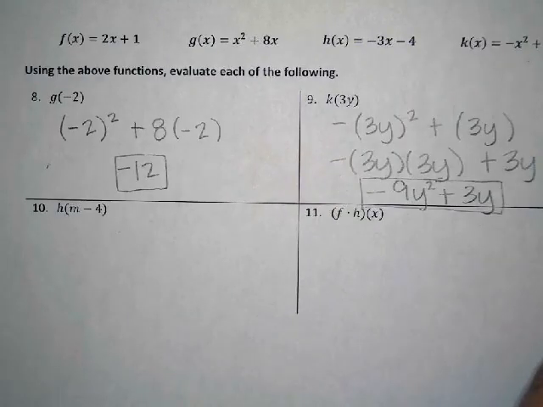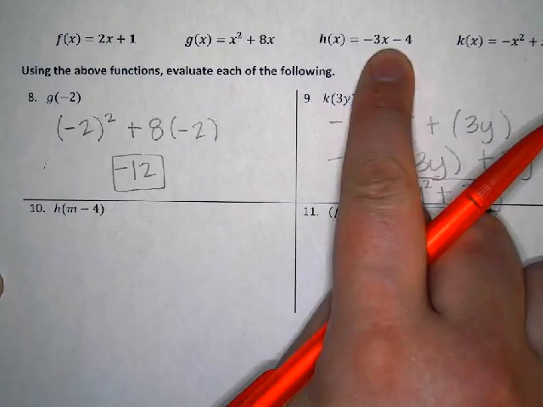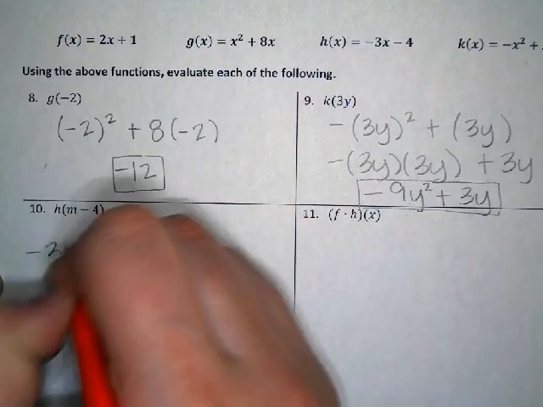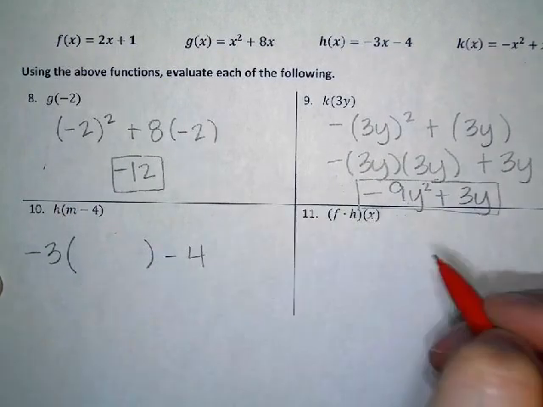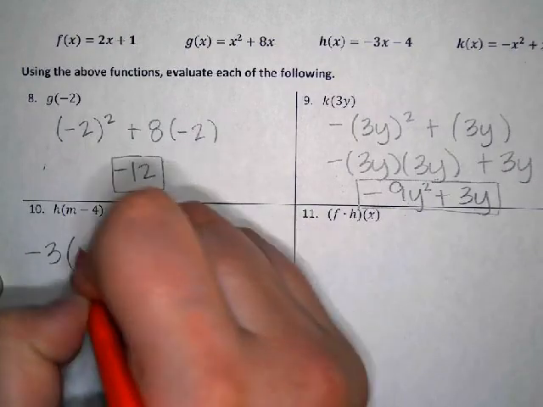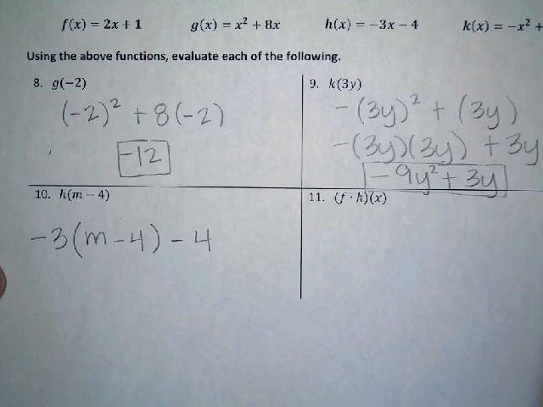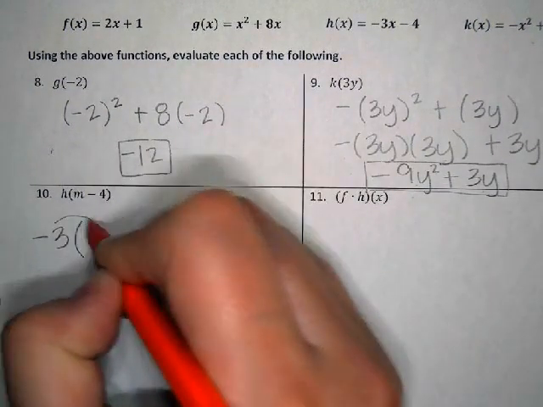Next, we have function h, and we're supposed to take the x out and plug in m minus 4. So negative 3, take the x out, and then plug in m minus 4. Okay? And then what do we do with the number in front of the parentheses? We distribute the number in front of the parentheses.